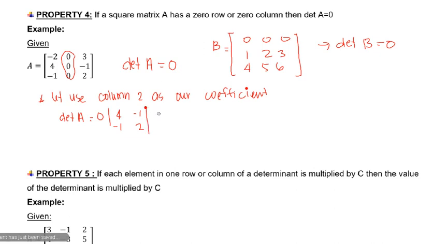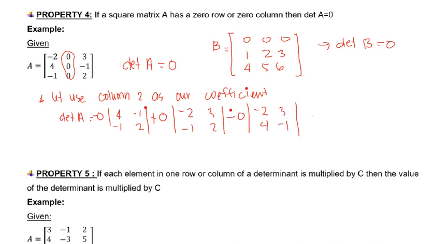Tapos, magma-minus ka o magpla-plus ka ng 0, yung leftover natin, negative 1, 3, and 2. And then we have this is minus, this is plus, this is minus 0. And then we have negative 2, 4, 3, negative 1 as leftover. Ang kalalabasan niya is 0.